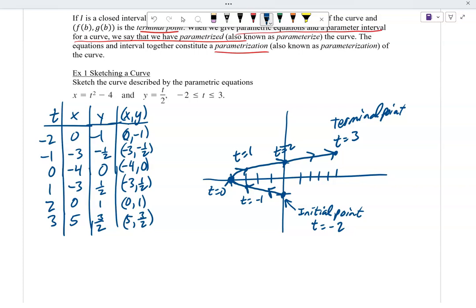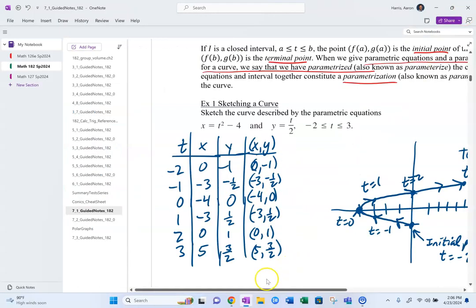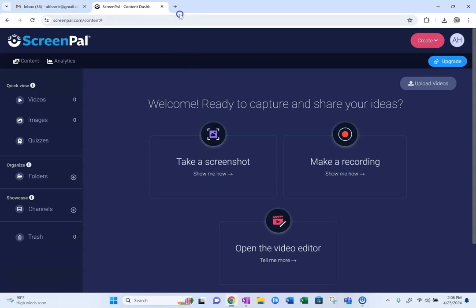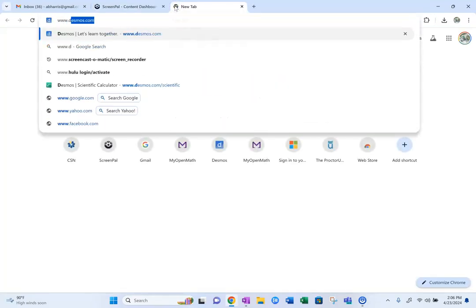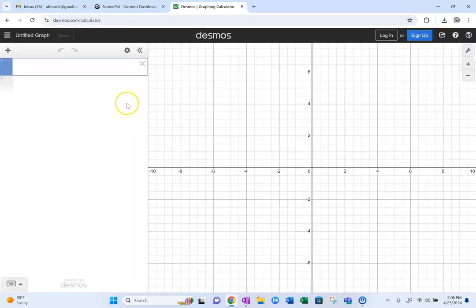Now you can actually check this in Desmos. So let me show you how you do that. Let me pull up the Desmos graphing calculator. What you do is you put it in as an ordered pair: t squared minus 4, comma, t over 2 was the y value.